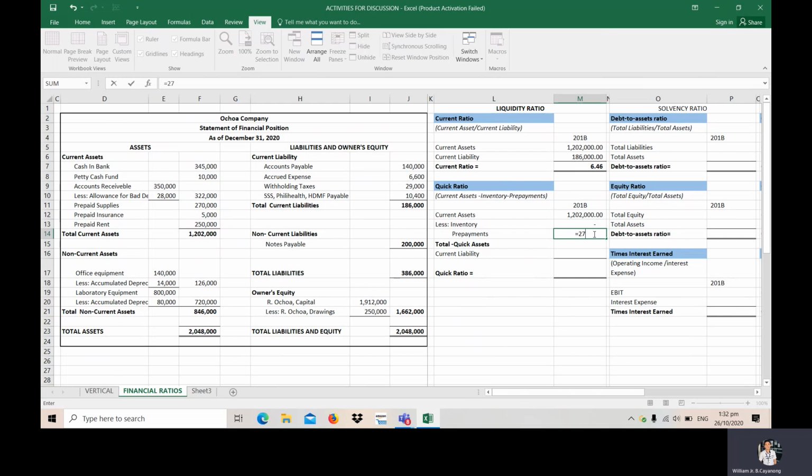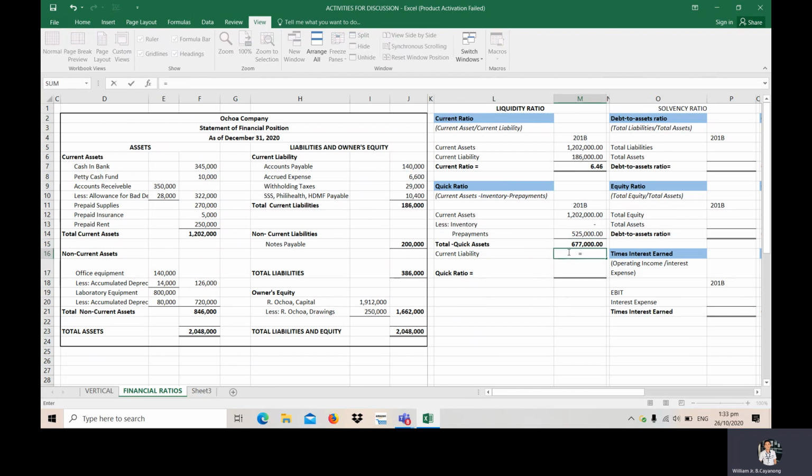We have the supplies, 270,000, plus the prepaid insurance, 5,000, plus our prepaid rent, 250,000. That's 525,000. Let's check: 270 plus 5 plus 250. So our quick assets is 1,202,000 less 525,000, which is 677,000.